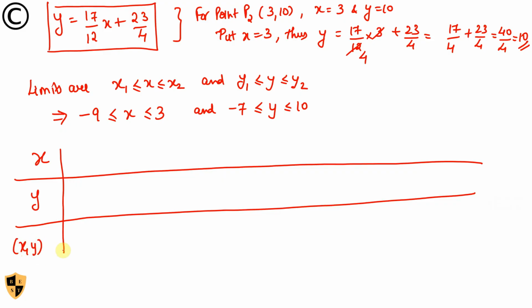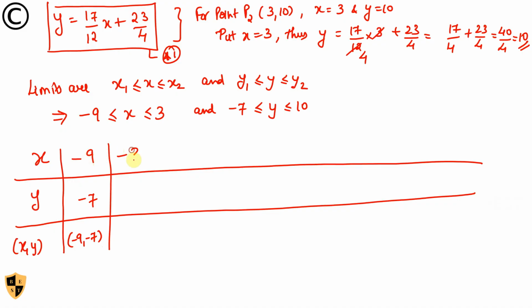So this generally we will follow, and your initial value will be -9. If you take -9 and put it in the equation star 1, you will get the y value. So you will get the first point, -9 comma -7.